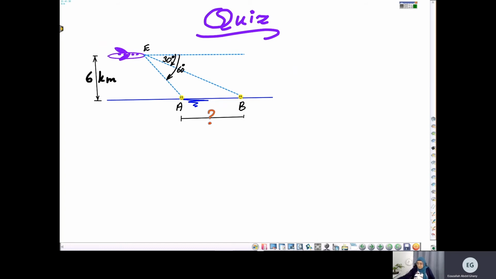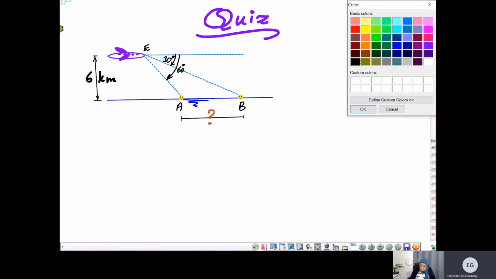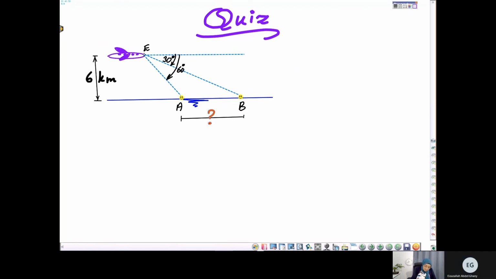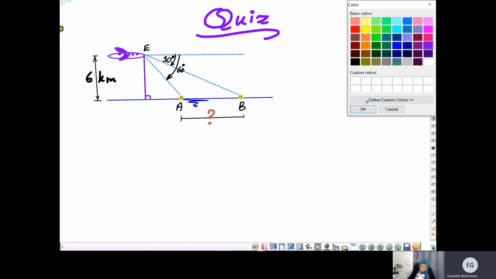We have to draw a right angle triangle, two right angle triangles actually. The first right angle triangle is this purple one, and we'll highlight it with the purple.